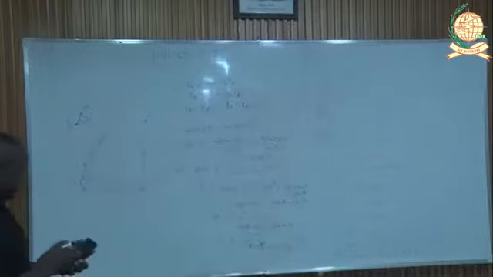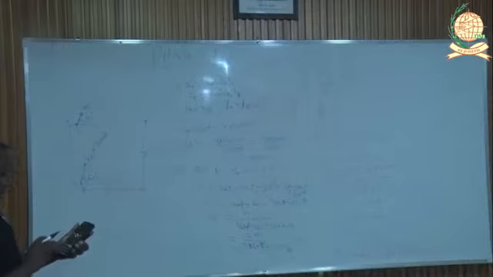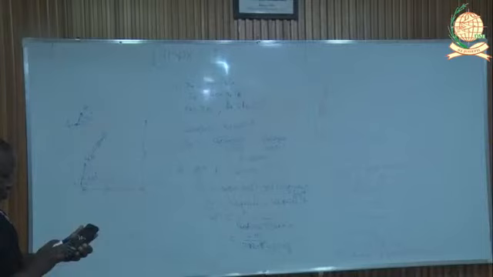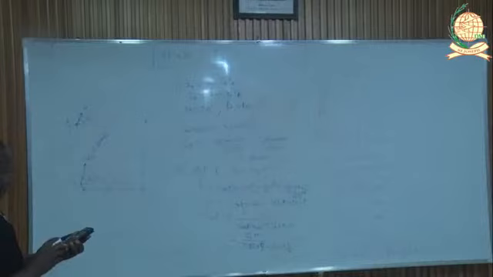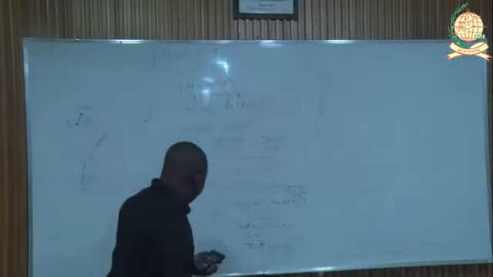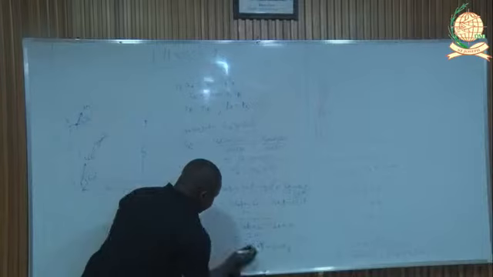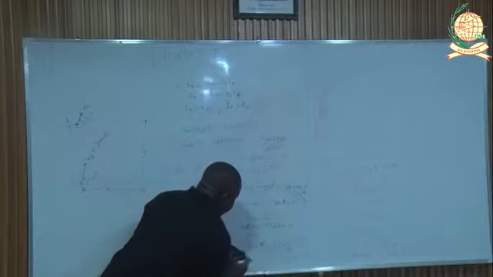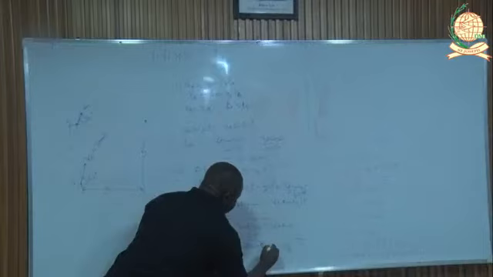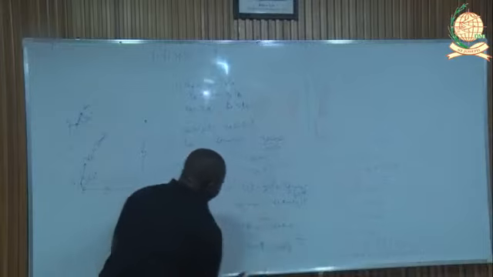On the calculation, V naught A is 17.32.